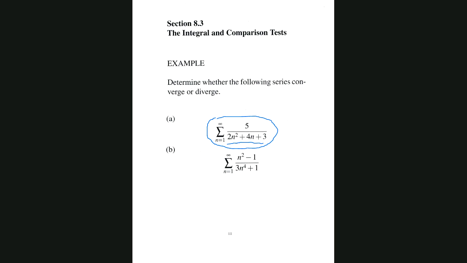Let me ask, in the denominator here, what power dominates in the denominator? For this series, n equals 1 to infinity of 5 over 2n squared plus 4n plus 3, what term is the dominating term as n gets large?